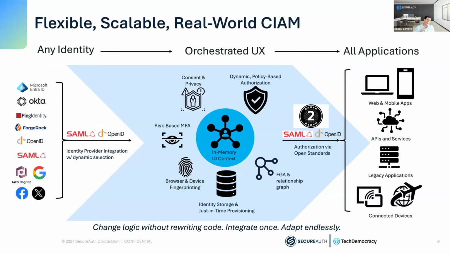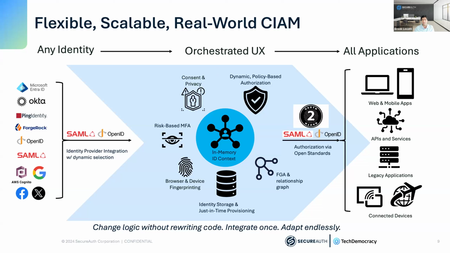Now, what this looks like in practice is generally that you need to be able to support identity from really any vendor or any provider, including social media providers or incumbent providers or other parts of your business. You need to use open standards where possible to get the information from those identity providers. You need to orchestrate the UX by using your tooling for consent, for policy management, for fine-grained authorization, for storage of identity information and just-in-time provisioning, and all of your device fingerprinting and risk assessments.